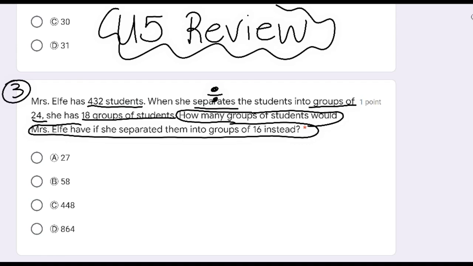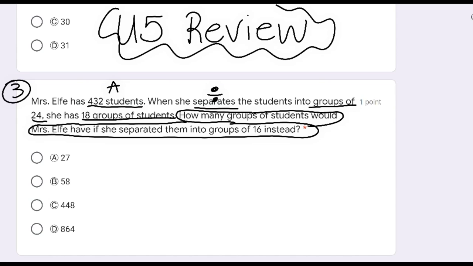All right, we've done a problem like this before. Let's get our handy dandy equations ready. So right now it's saying that Mrs. Elf has 432 students. This time they gave us the answer. Before it didn't. So this time our process of solving is going to be easier because we already have that. We labeled this A in our last video with our problems.